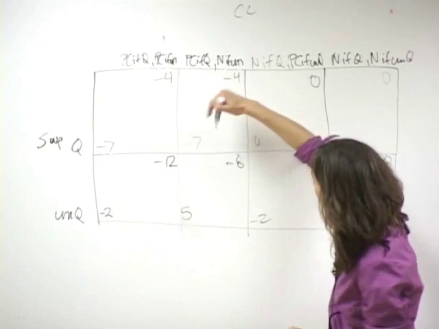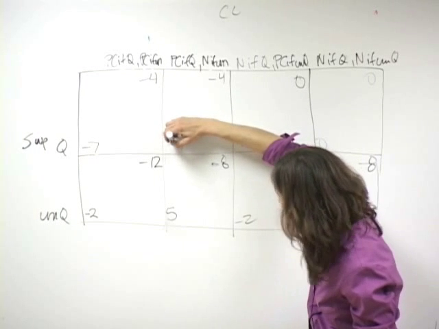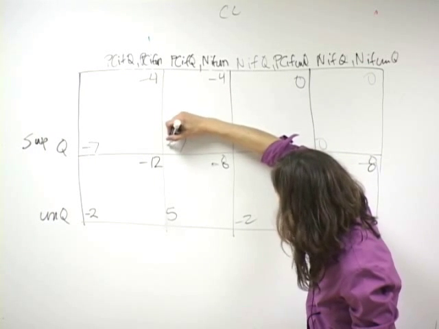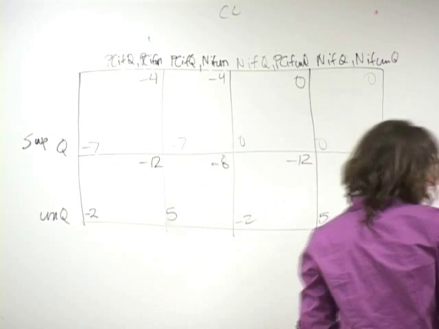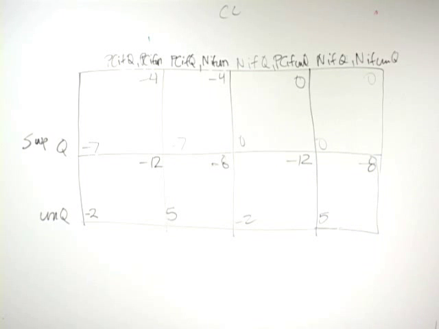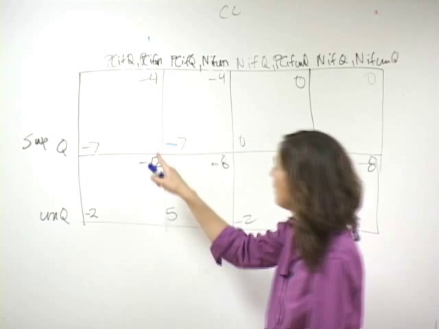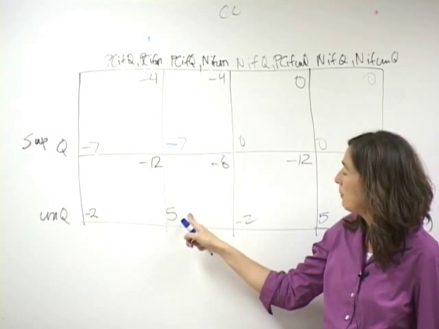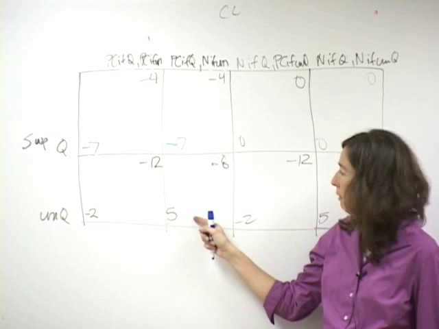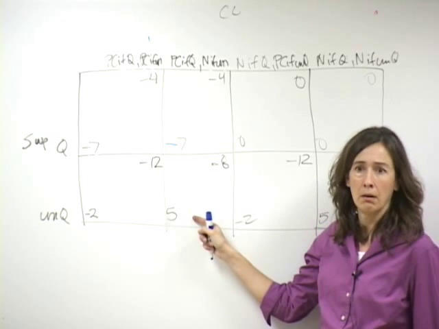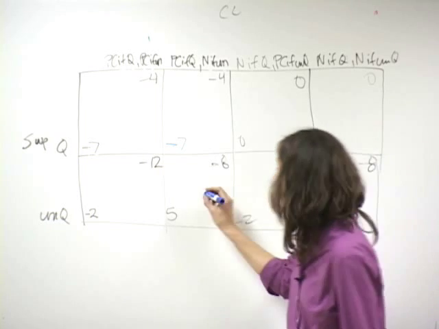This one, similarly, it's a negative there. That cell is not a Nash equilibrium because if I'm the superintendent, I can get a higher payoff here. What about this cell? This is a Nash equilibrium, right? Okay, so here's one.